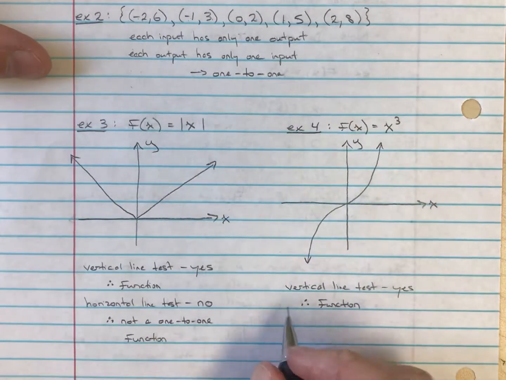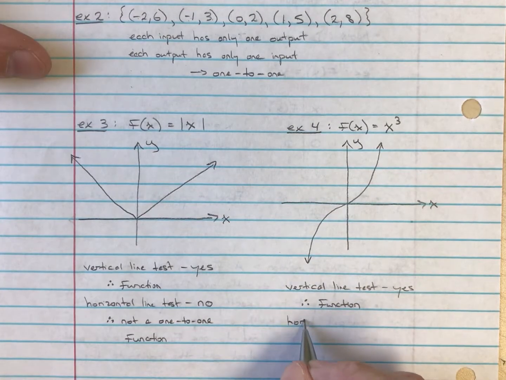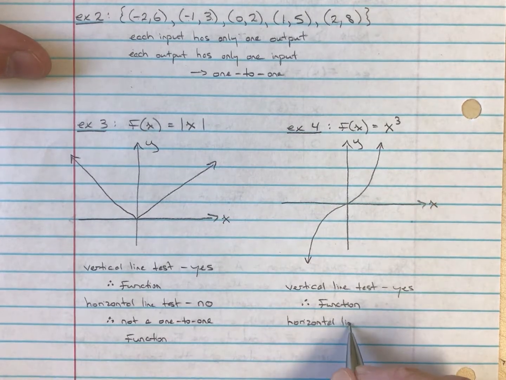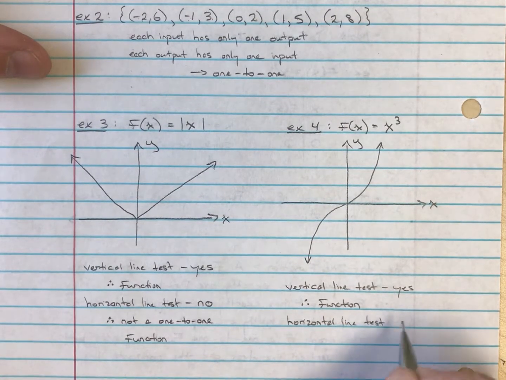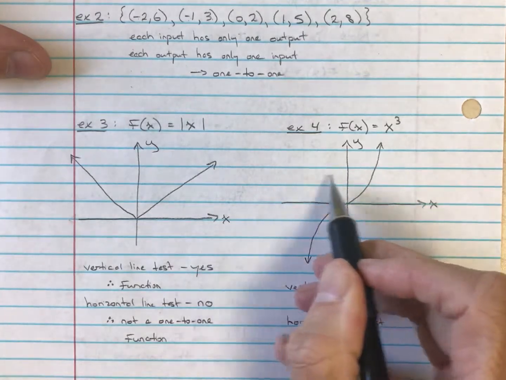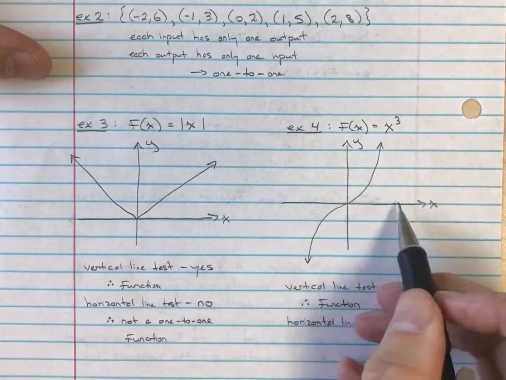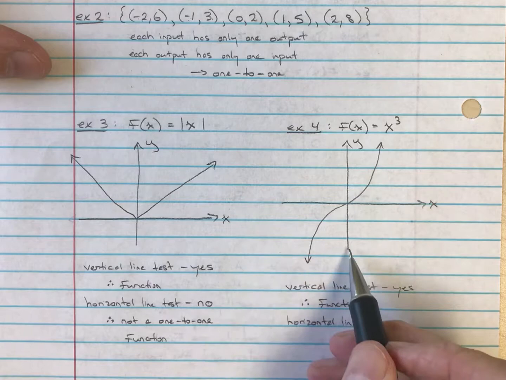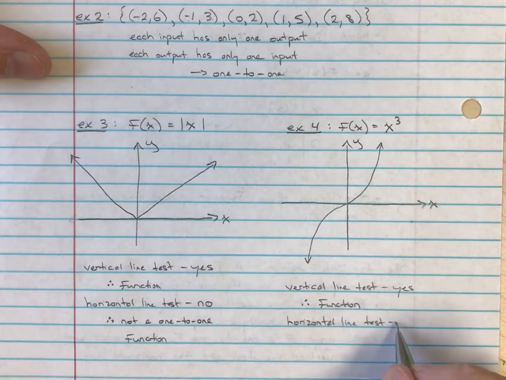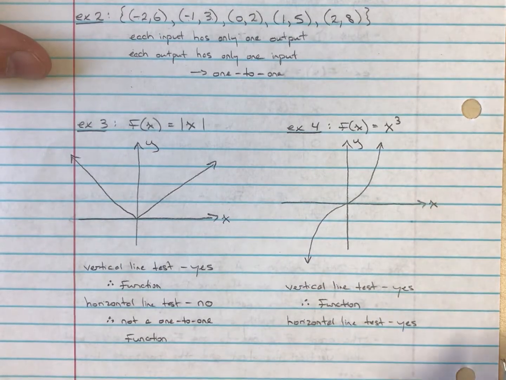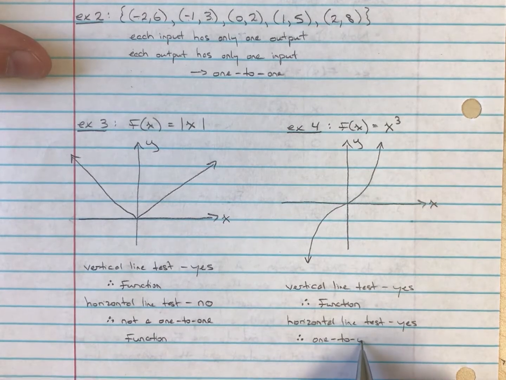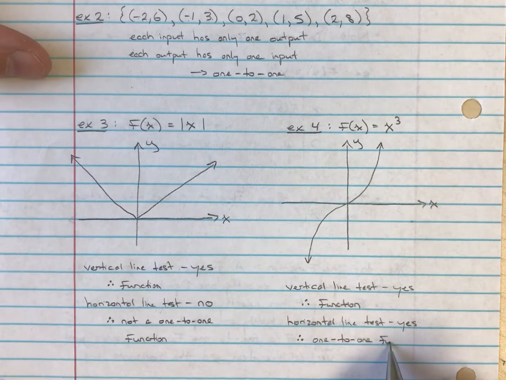The horizontal line test. If I draw any horizontal line, I only pass through the graph in one point. So yes, it passes the horizontal line test. Therefore, it is a one-to-one function.